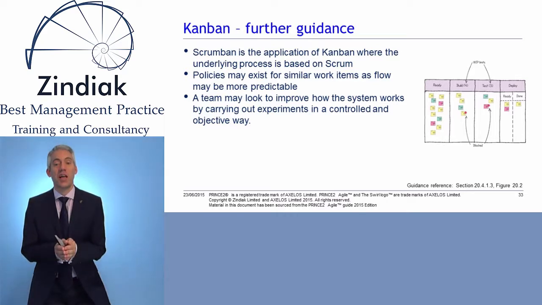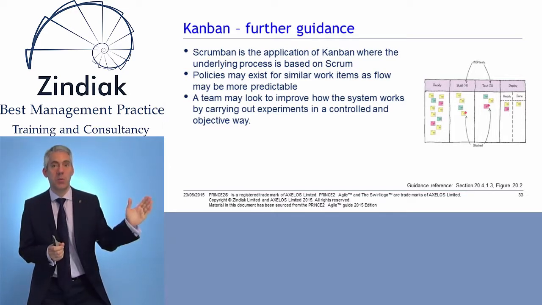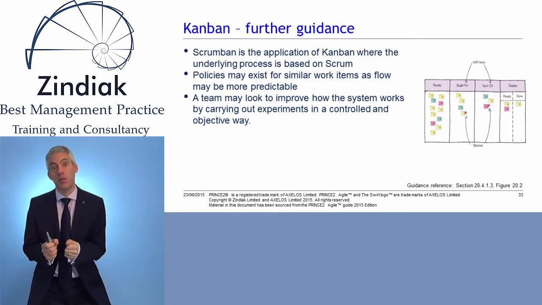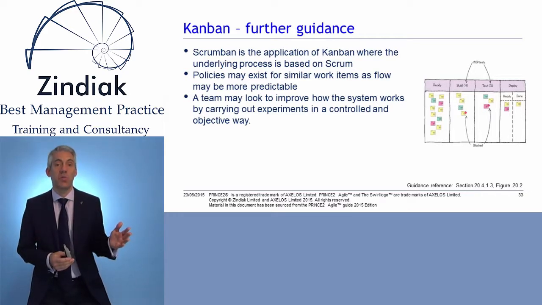But essentially, we're looking at using Kanban within Scrum and in simple terms using the Kanban board within a sprint to manage the sprint backlog through the sprint. We could also use the board to show the product backlog through the whole development process.